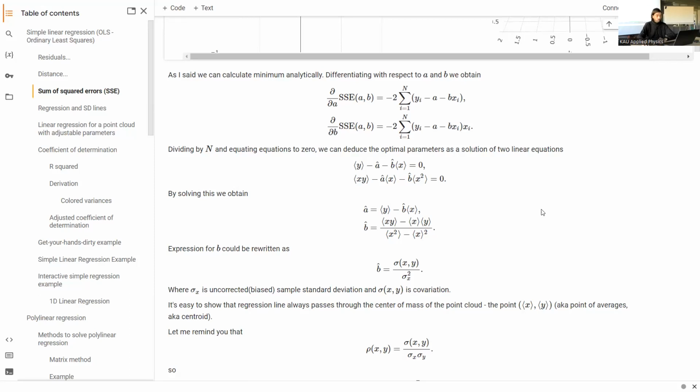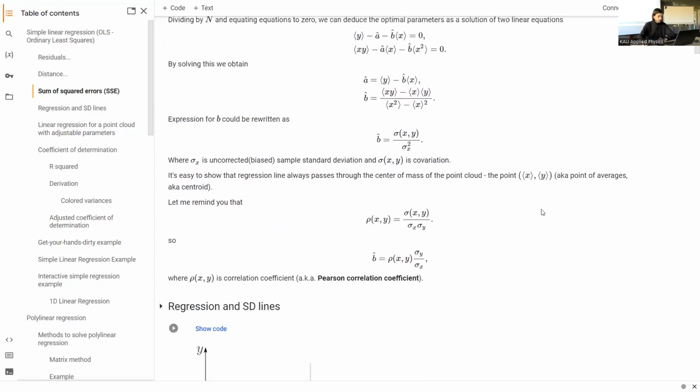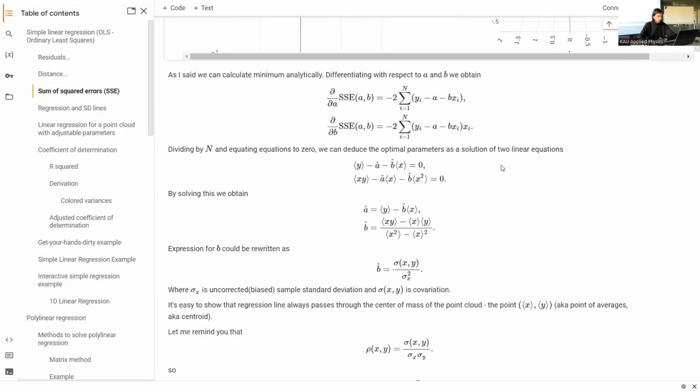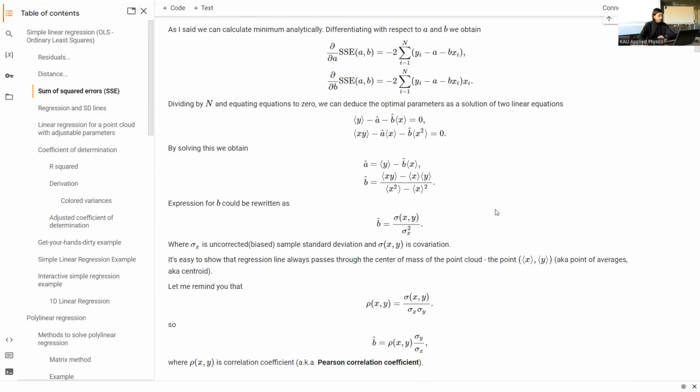Here is one more approach. Not getting deeply into the formulae, but what I want you to know is that if you take the expressions that we had previously from calculus, you can note that some of them can be rewritten in terms of statistics.